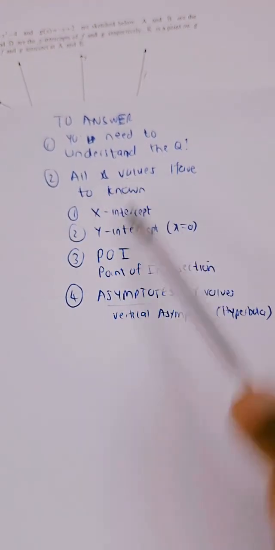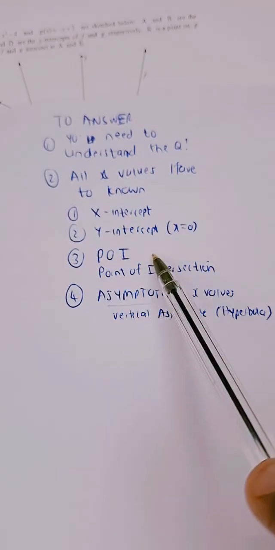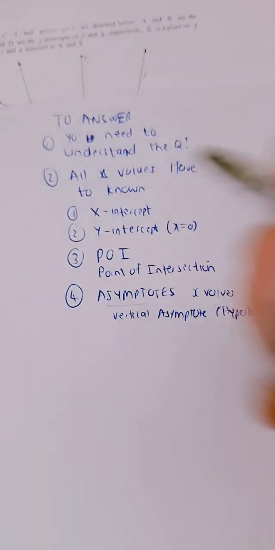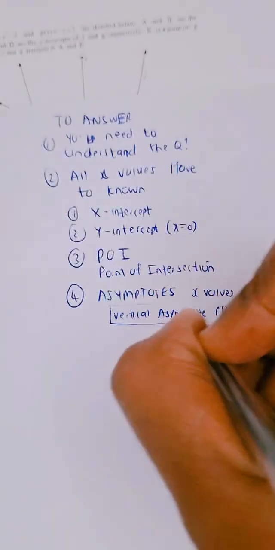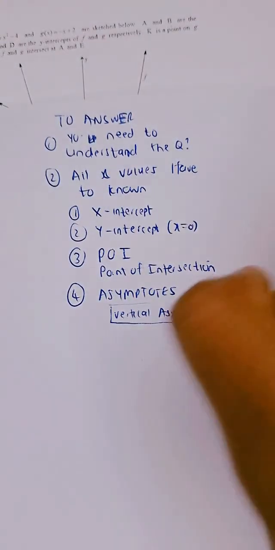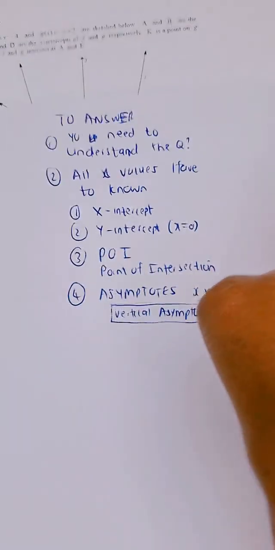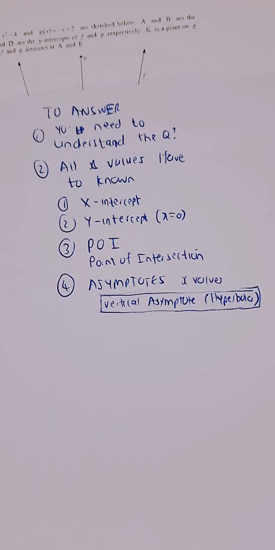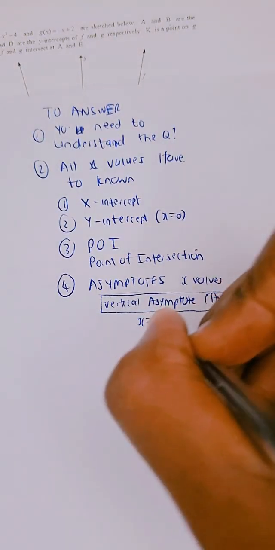The y-intercept, all the x values of the what? The point of intersection, all the x values of the what? The asymptote. Now, as I said, it's only going to be your vertical asymptote for your grade 10 hyperbola that you are going to have to know, and that is always x is equal to 0 in grade 10.